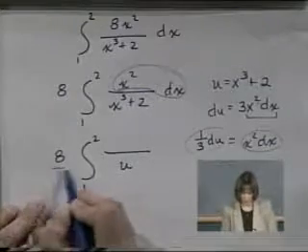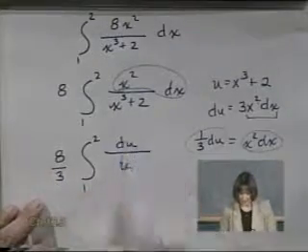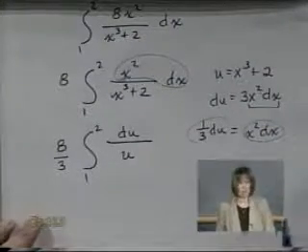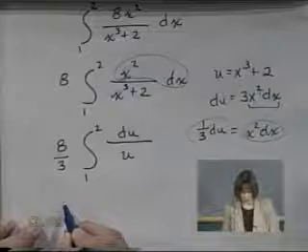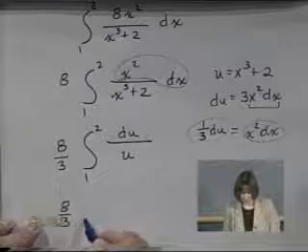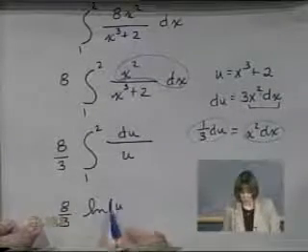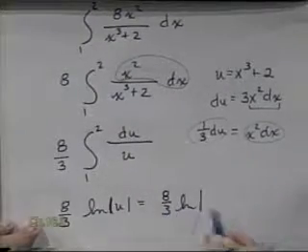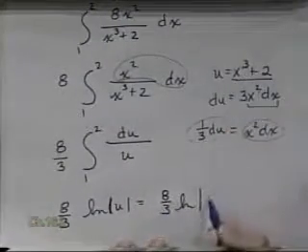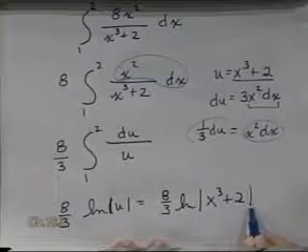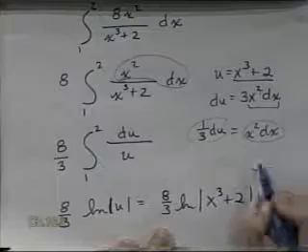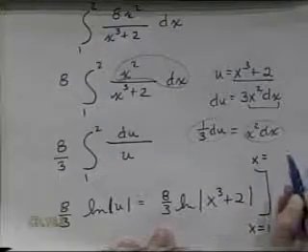I'll put the 1/3 out front and the du inside. You can always move a constant out front. What is the integral of 1 over u du? Natural log of the absolute value of u, which is 8/3 natural log of x cubed plus 2, since u was x cubed plus 2. And we're evaluating it from x equals 1 to x equals 2.